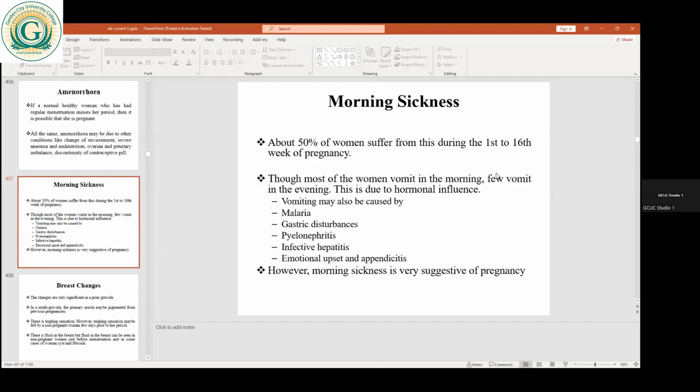Morning sickness, getting up in the morning and vomiting, may be due to malaria, gastric disturbances, pyelonephritis, infective hepatitis, and emotional upset can also make you vomit. So you cannot use that alone to judge that the woman is pregnant.